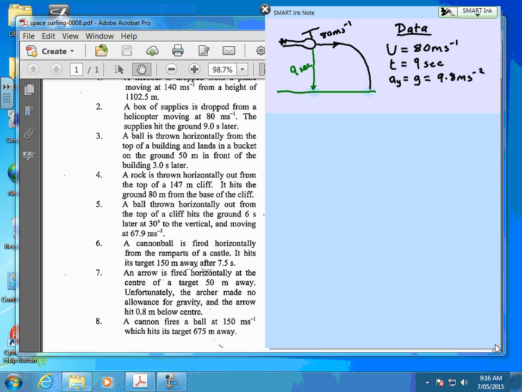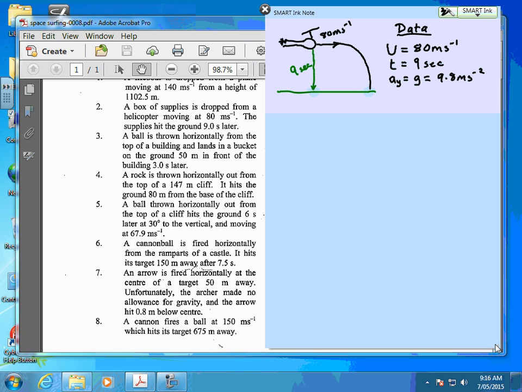Then the first question you're asked is question A, which is the initial velocity. Well, that's a silly question because you know it. So A is 80 metres per second. I'm not going to write that up. B, they ask you the initial horizontal speed. All of it is going sideways.